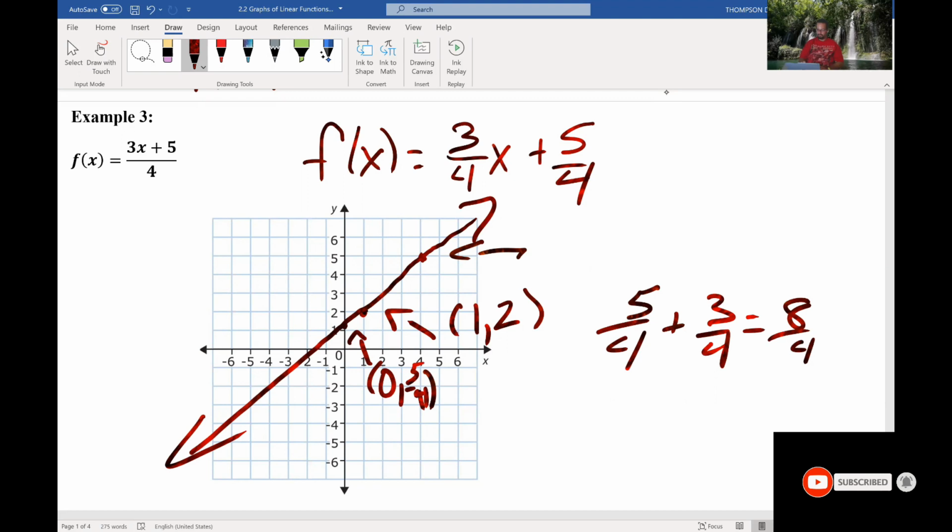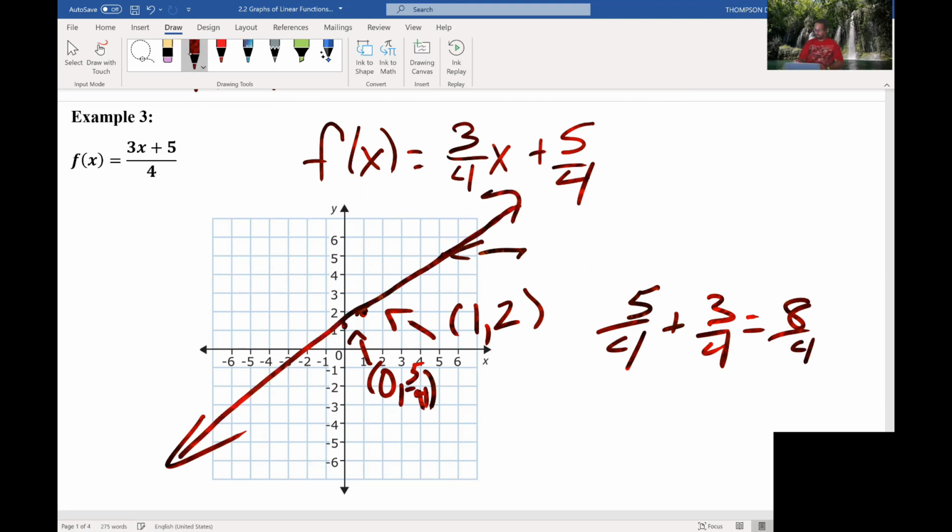So it should be 5. Let's fix that. And this would be the point (5, 5).